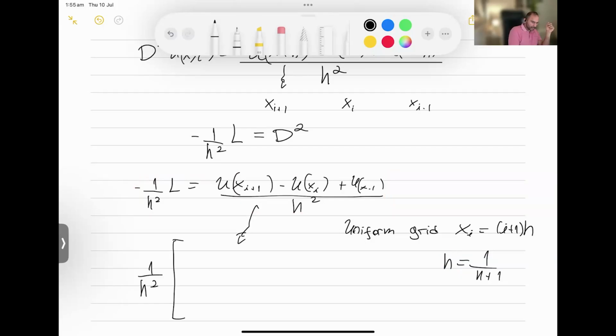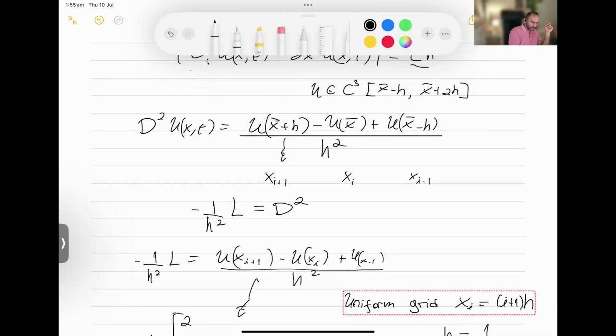Consider the periodic boundary condition for this Laplacian, and you're going to see that the factor of 2 is missing here, if I remember well. I think there's a factor of 2 here. Yes.